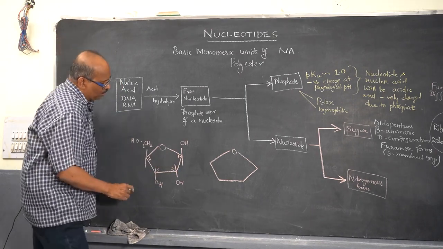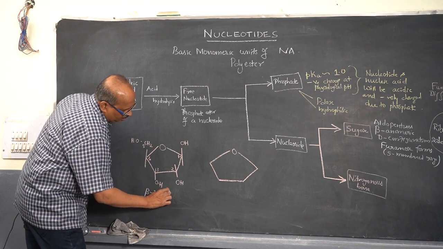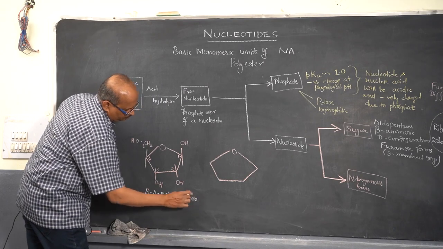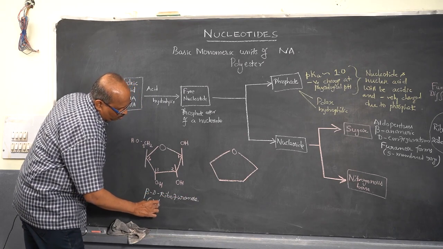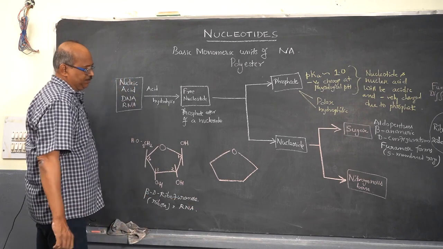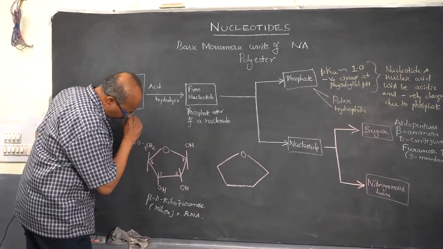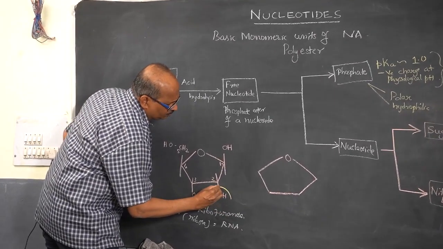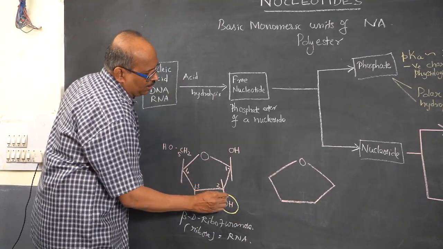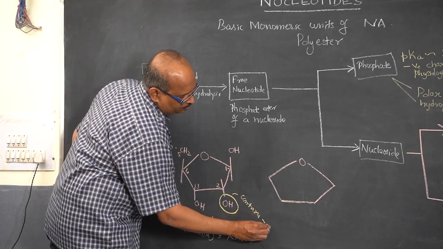So this compound we call beta-D-ribofuranose. Most commonly it's called ribose. It is found in RNA. Now the important thing is this one. At the second position it contains a hydroxyl group.